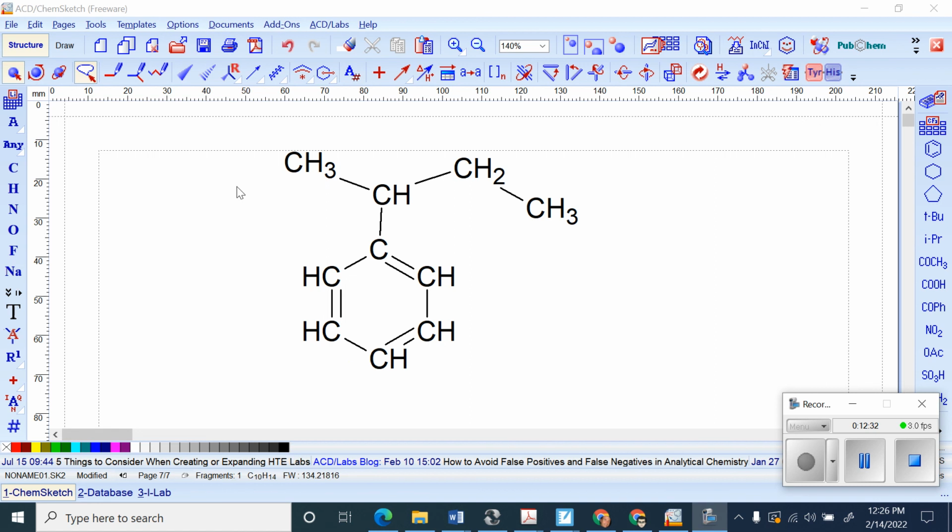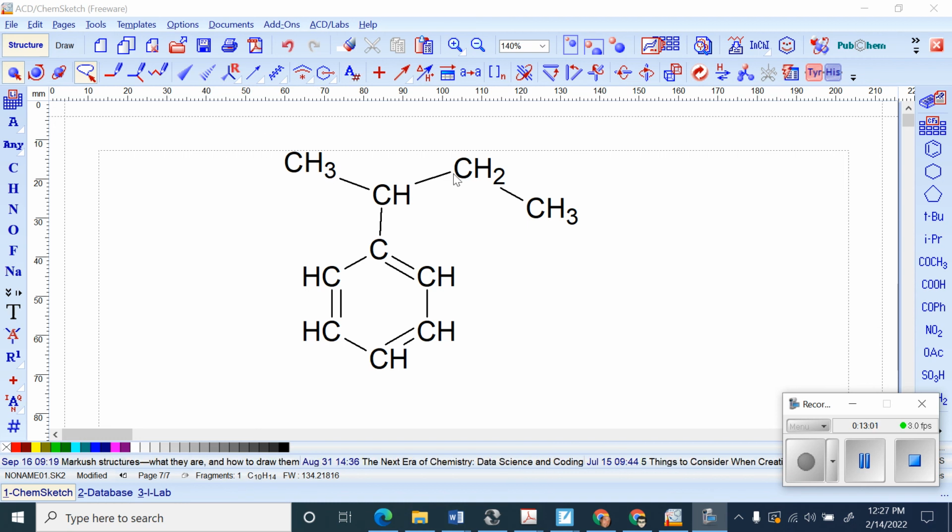Okay, let's look at this structure and see if we can name the following structure. Tricky. All right, I'm going to propose that we can give this 2 different names. First of all, we could think of this as a benzene parent chain with this 4-carbon group attached to it.